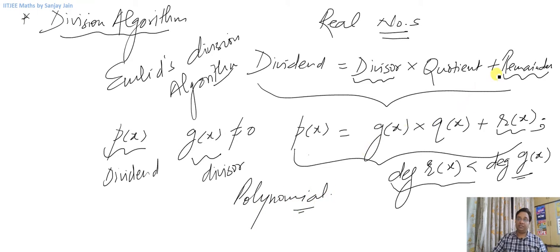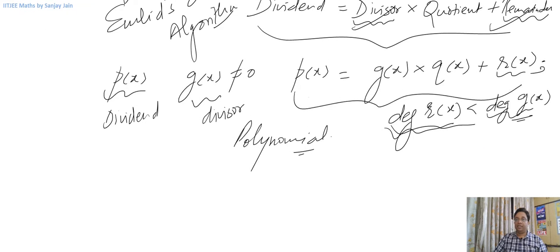The only difference is, in case of real numbers, we said that the remainder is lesser than the divisor. In this case, we said that the degree of the remainder is lesser than the degree of the divisor. And if p of x is divisible by g of x, the remainder will obviously be 0.